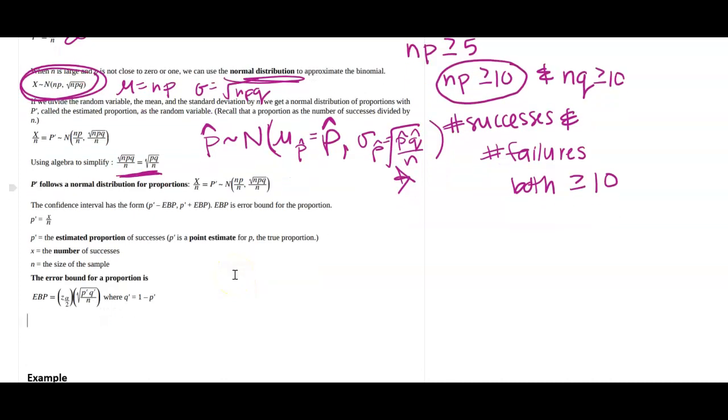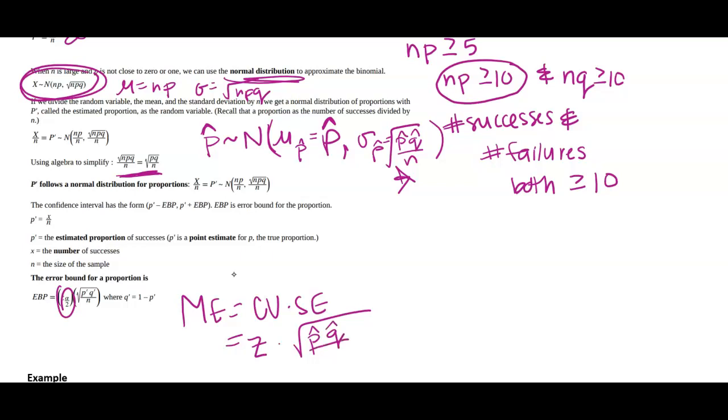Okay, and so then your error bound calculation, or your margin of error, is always that critical value times your standard error. Our Z is going to be our critical value, and your standard error for your point estimate is going to be that standard deviation. Make sure you take the square root of that whole thing.